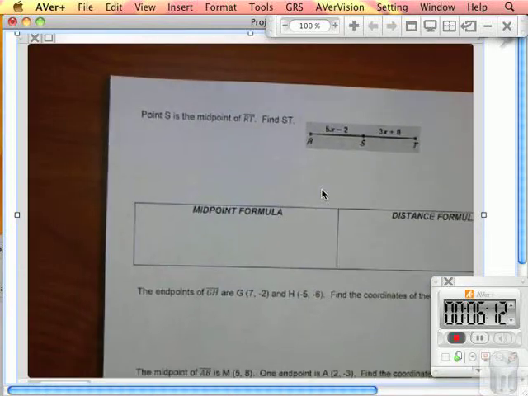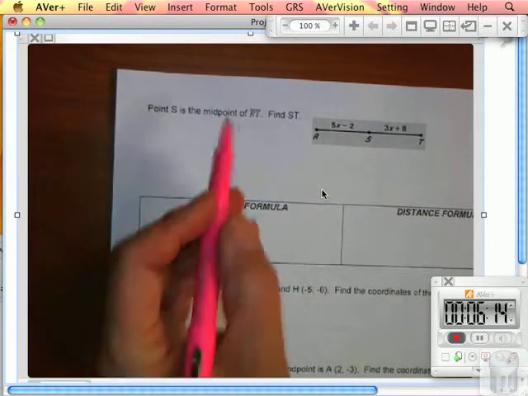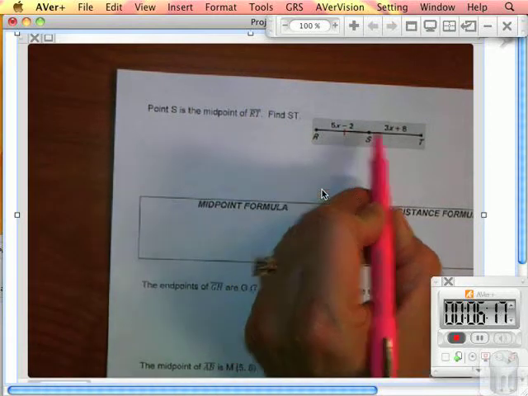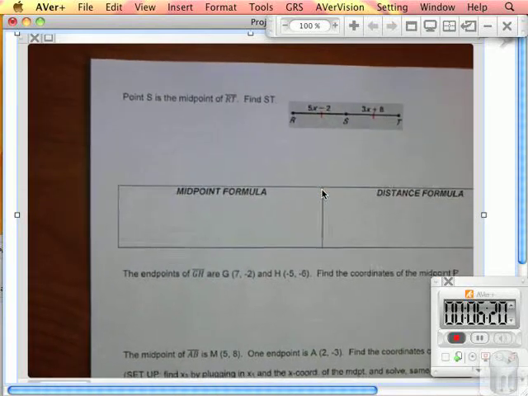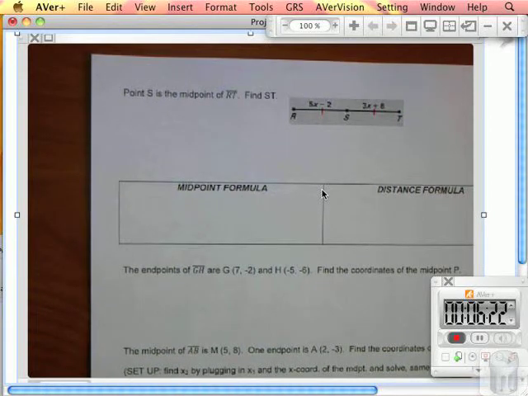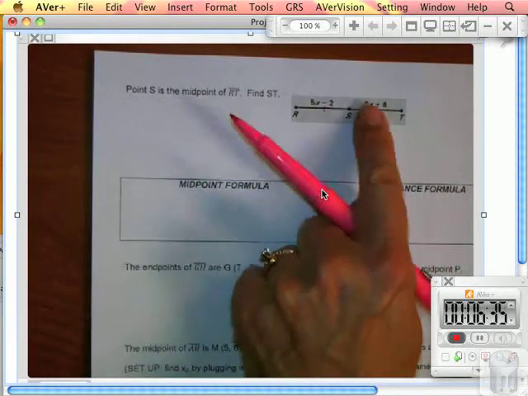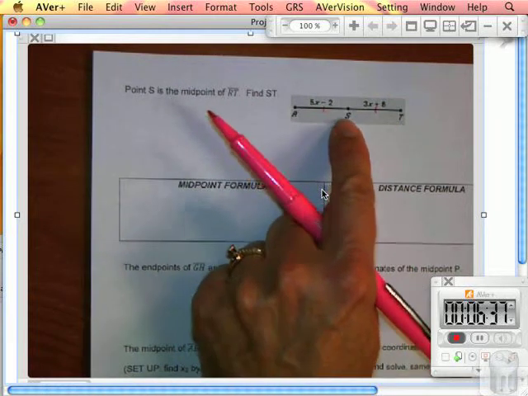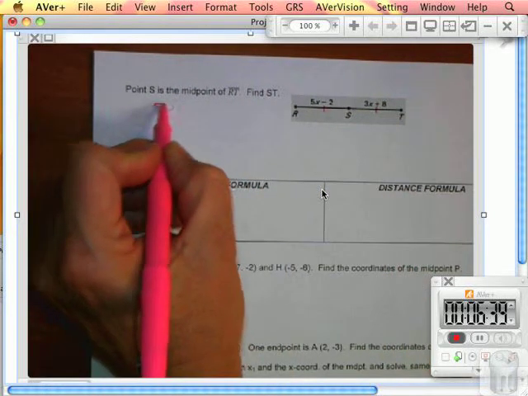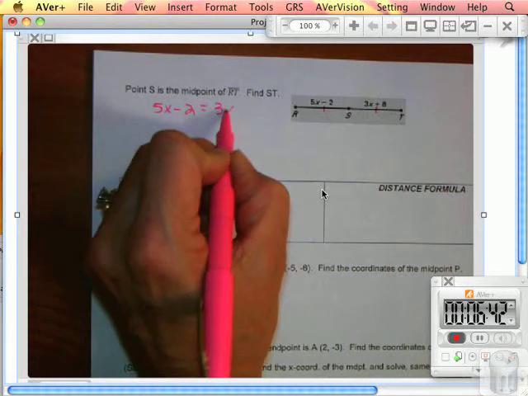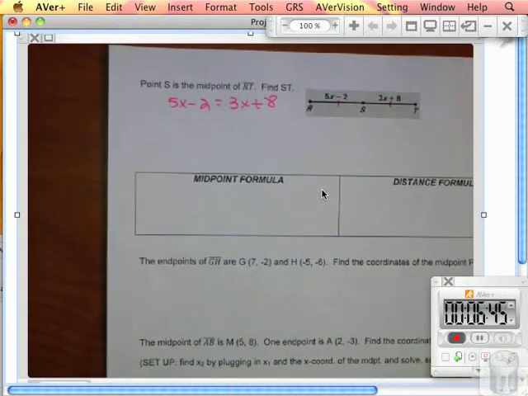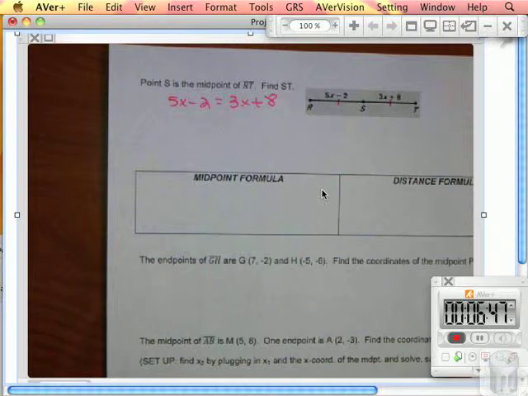All right, point S is the midpoint of segment RT. So that tells me that this is congruent to that. Correct? Find ST. So if they're congruent, what should I do? Set them equal to each other, because this piece is equal to this piece, because S is the midpoint. So I can say 5x minus 2 equals 3x plus 8. And then you just have to do a little bit of algebra.